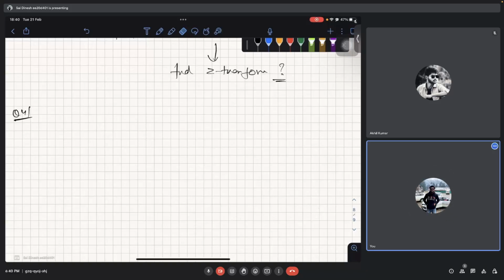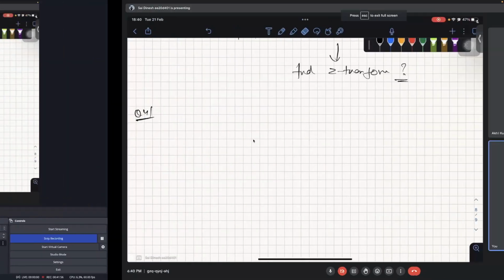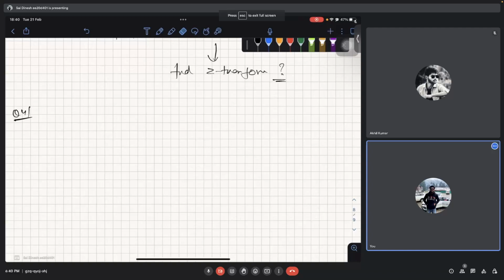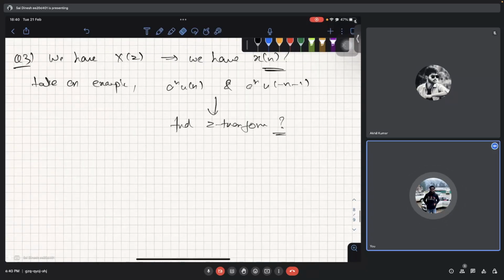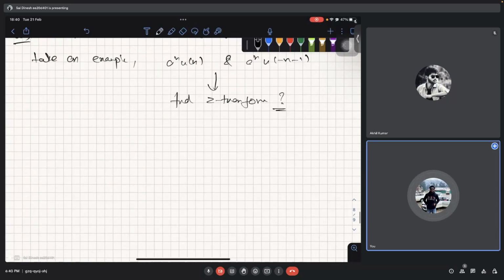Given x of z, here we do not know the ROC, so we cannot find it. But what if we know the ROC?